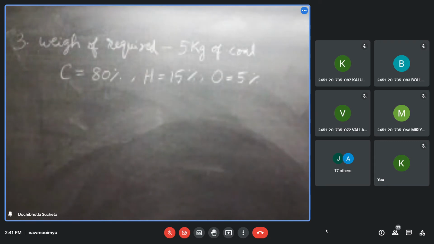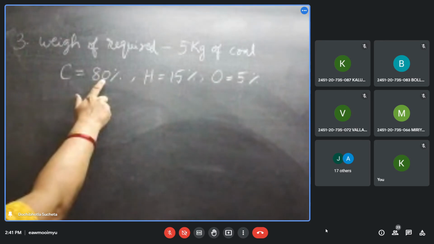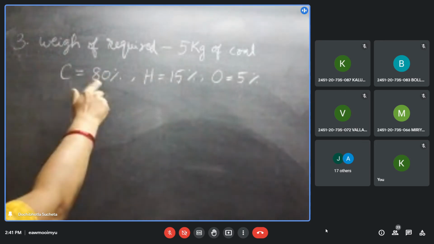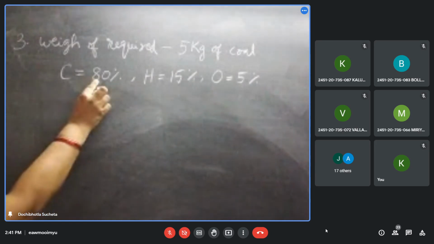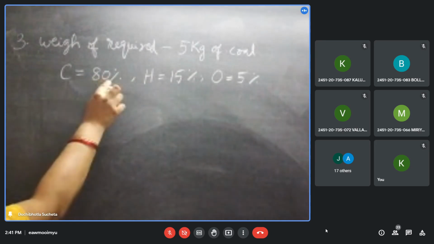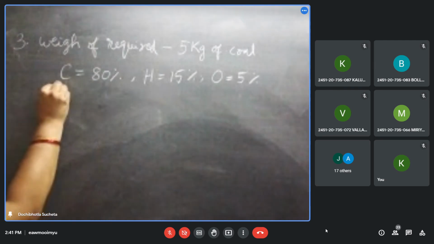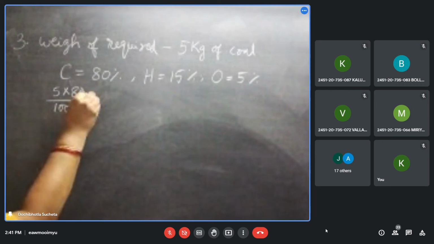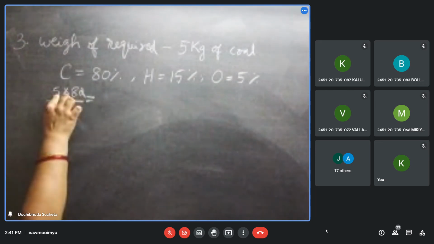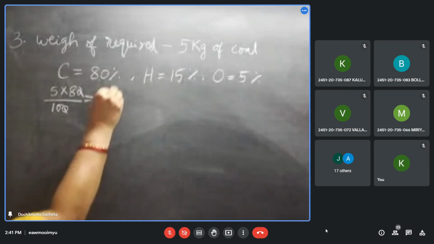So I'll first convert the percentage into weight. How much will be carbon? 80% of 5 kg will be 5 into 80 by 100, that will be equal to 8 5s are 40, that is 4 kgs.